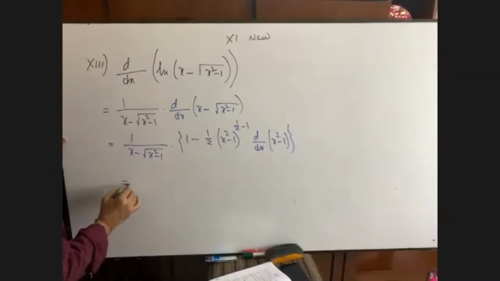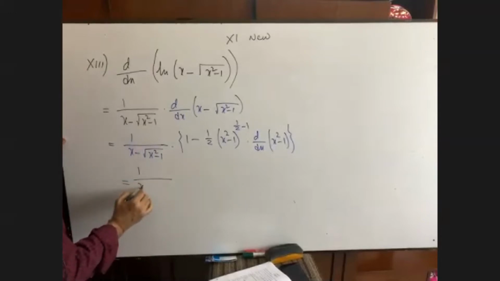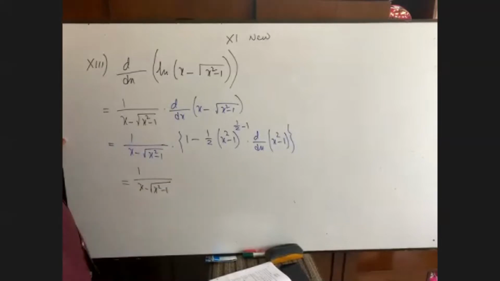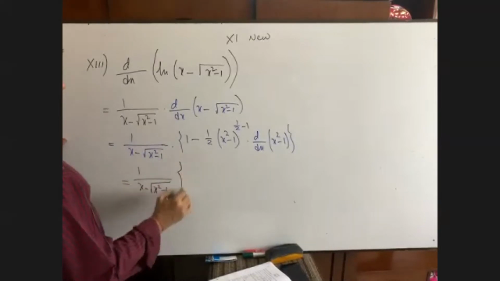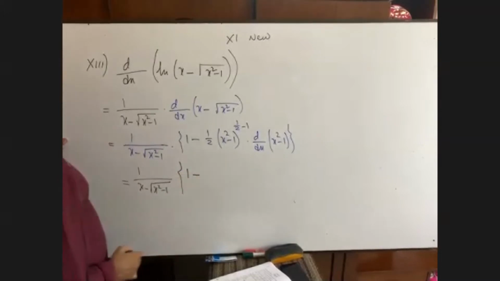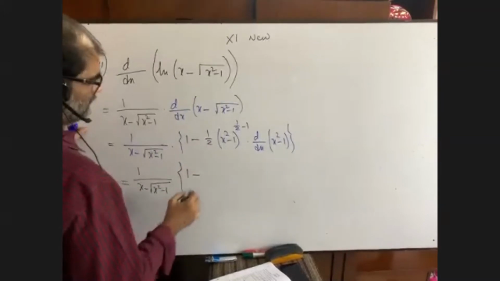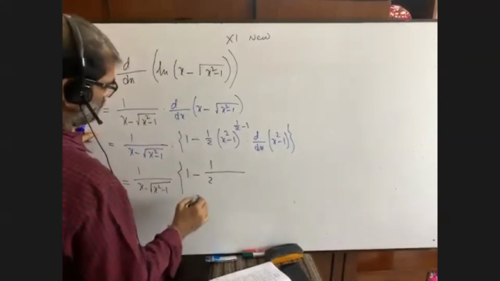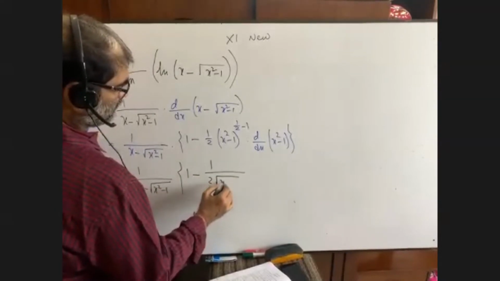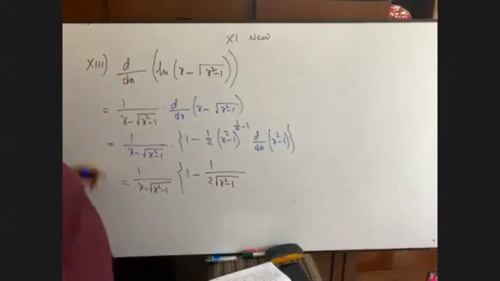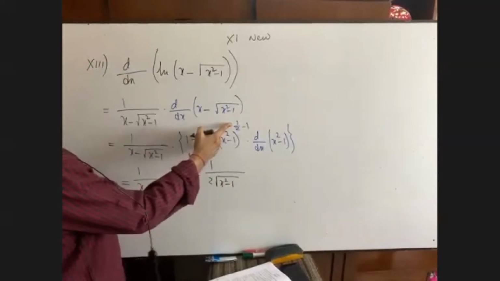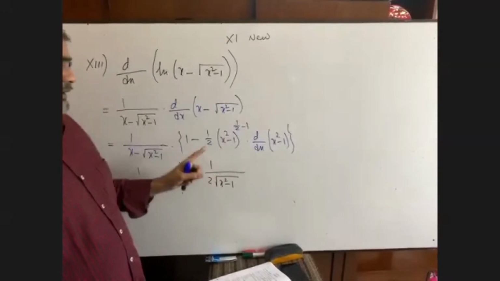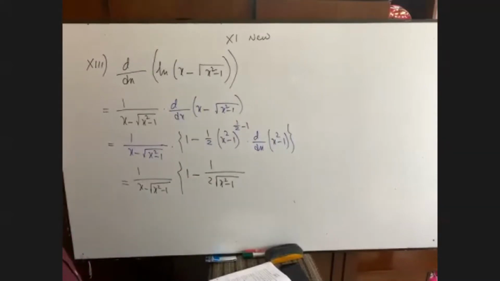Here we can write x minus root over x square minus 1. It is what? 1 minus, it is 2 root over x square minus 1. It is minus half, right? Power is minus half. That means root over, and in the denominator as it is minus.